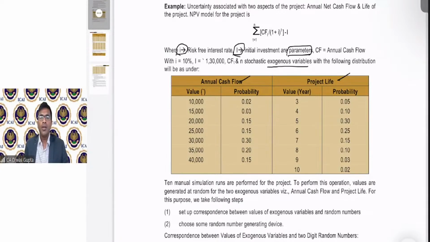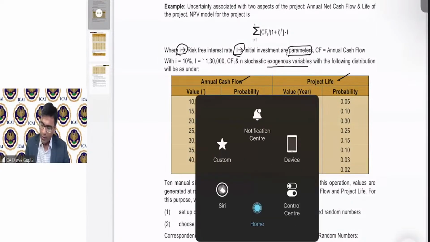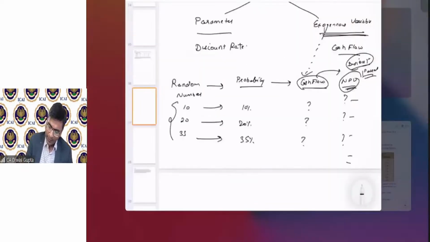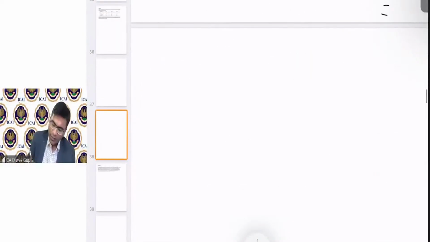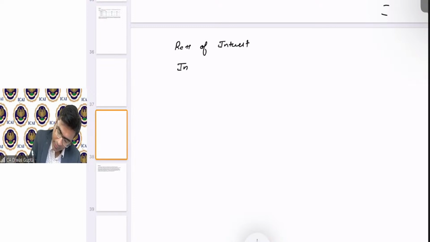Right? So the annual cash flow, okay, let me put it here on the screen. What are the different things? One is rate of interest. Then second is initial outflow. Third is cash inflows, I would say yearly cash inflows.